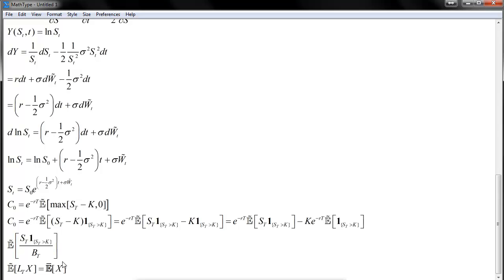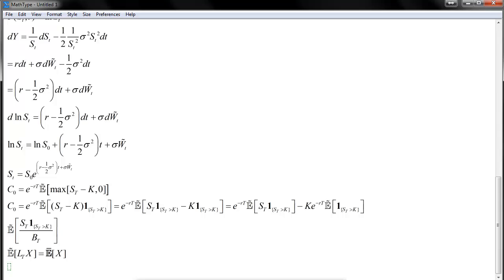Okay, so somehow I need to get rid of these two terms just by using the change of measure. So let me try to define the Radon-Nikodym derivative that would do exactly the thing that I just mentioned.